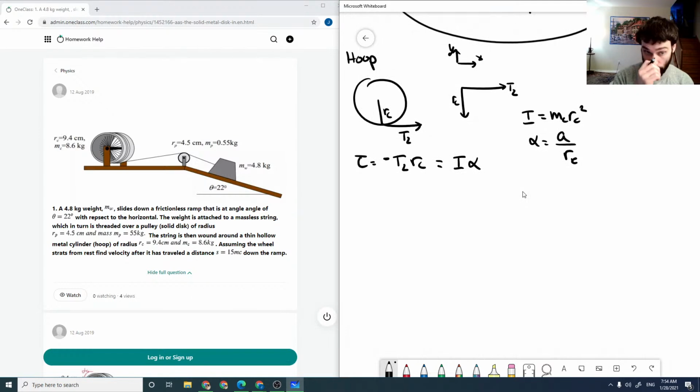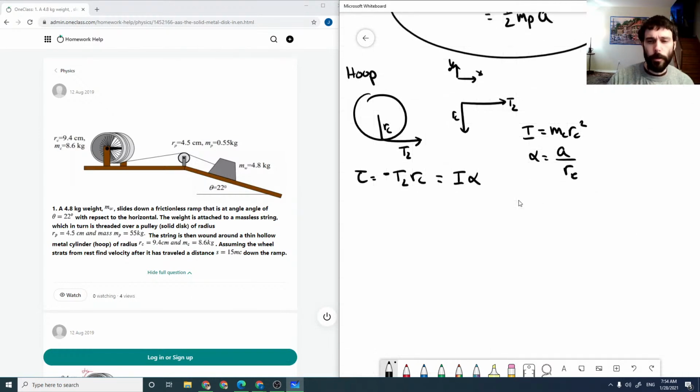So then the only difference here is our hoop is now going to be traveling in the counterclockwise direction, not the clockwise direction. So our alpha is actually minus our acceleration over our RC, as we've reversed the direction of our travel here.